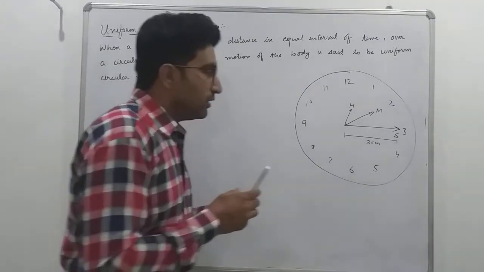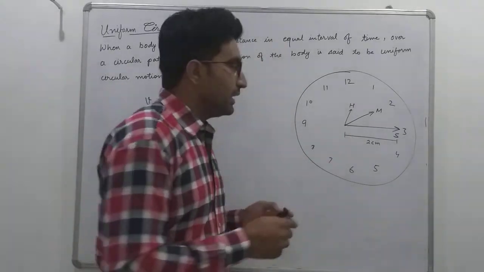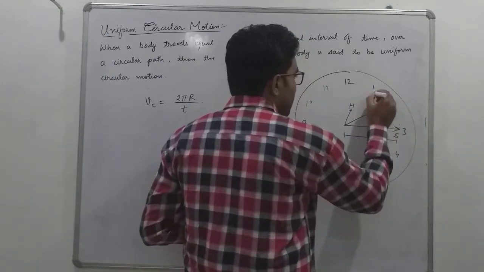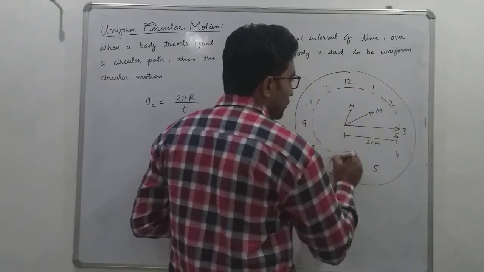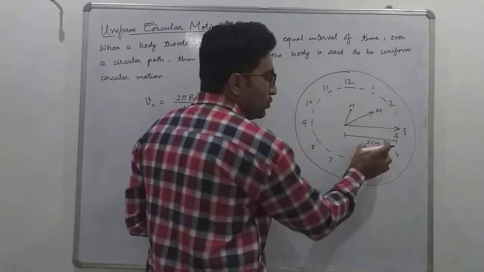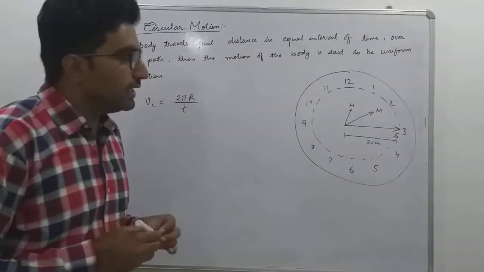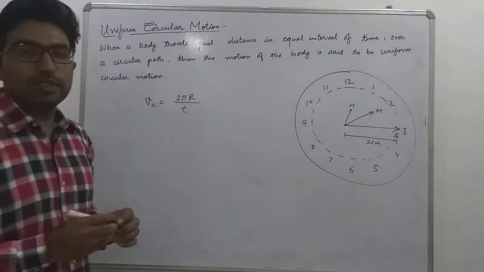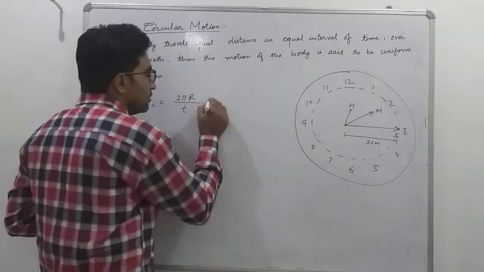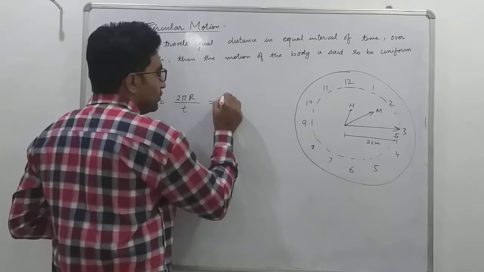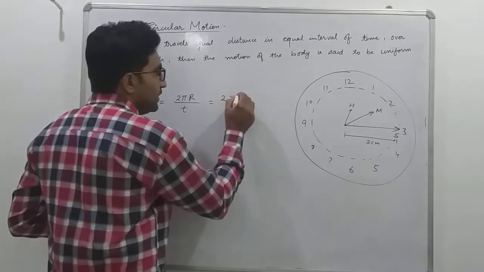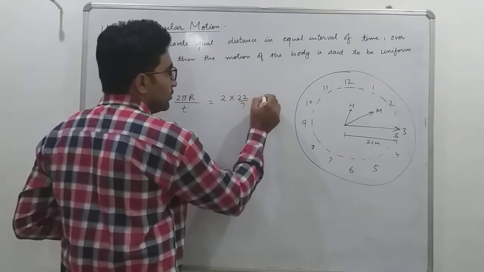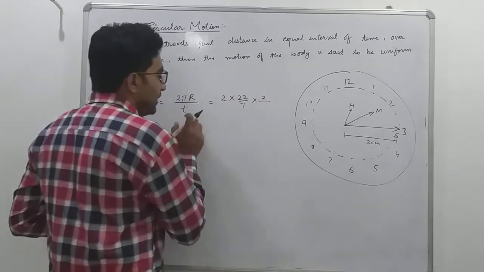Here, if we are taking the case of the seconds hand, then the seconds hand will be moving along a circular path of radius 2 centimeter. So in place of radius we can put 2 centimeter. 2, in place of pi we can put 22 by 7, and in place of r we can put 2 again, divided by time taken.